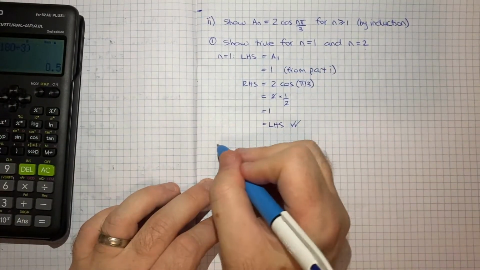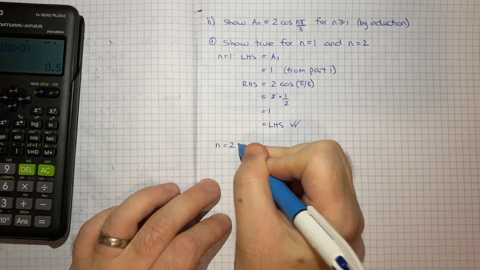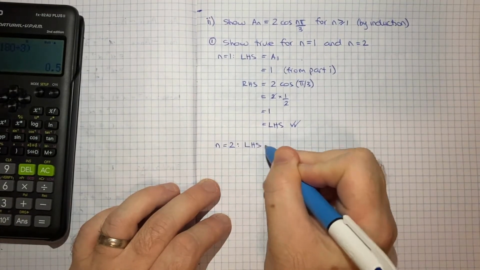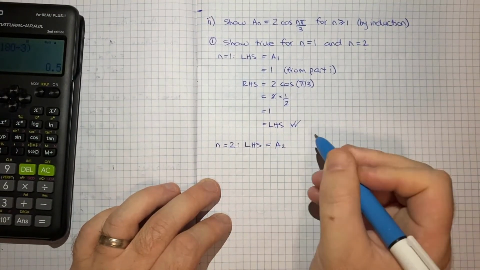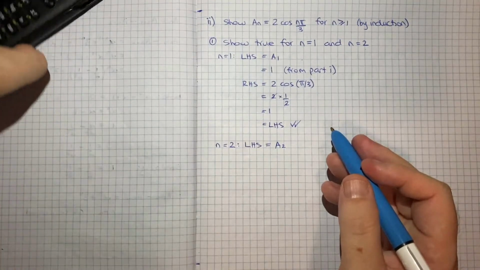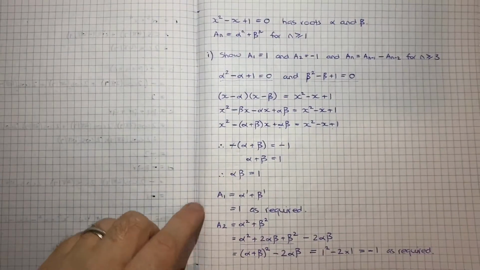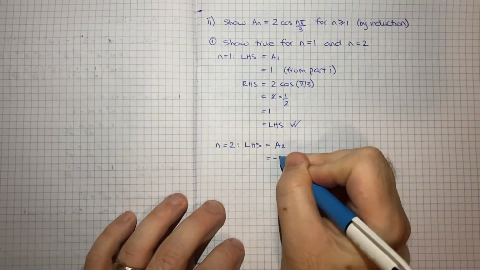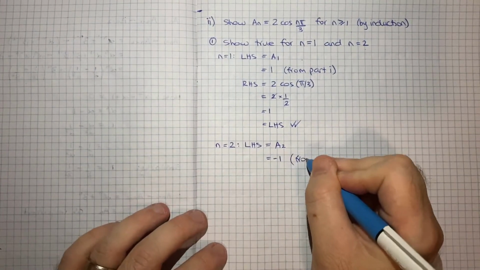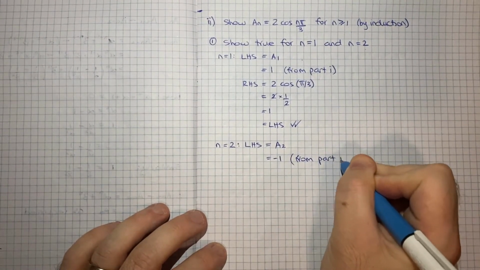Let's do it for n is equal to 2. So the left hand side would be equal to a2, and again, in part 1, we were asked to show a2 is negative 1. So negative 1, and that's from part 1.